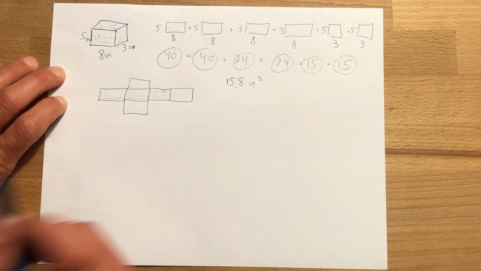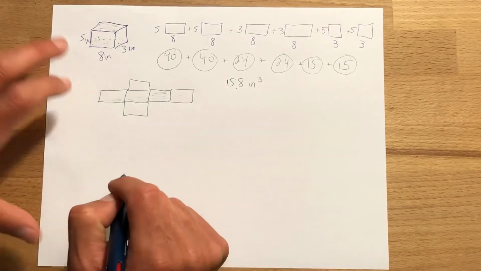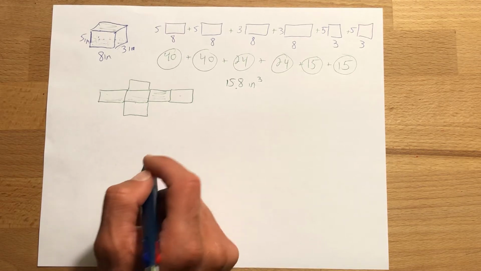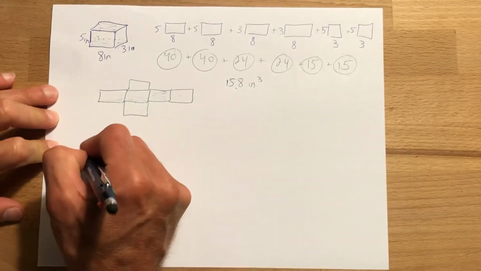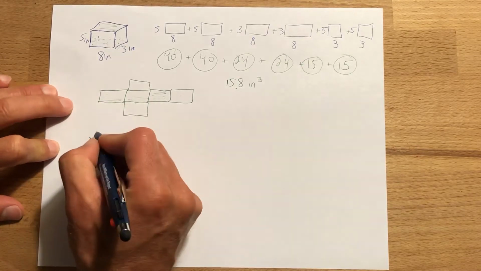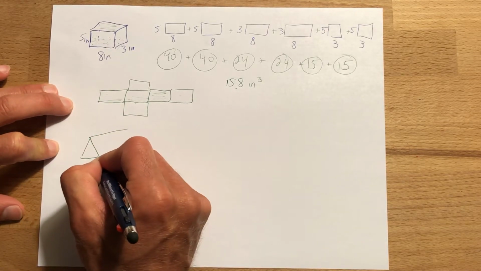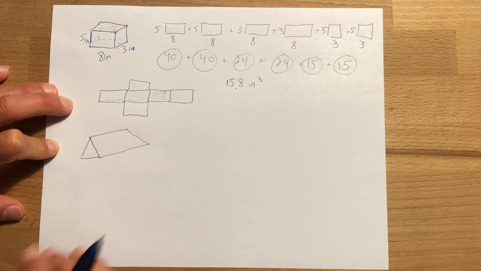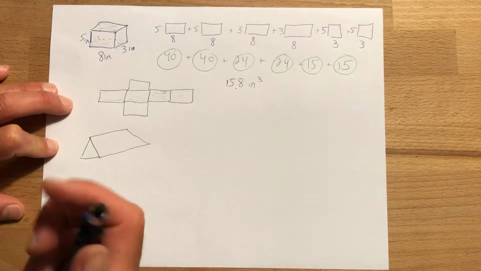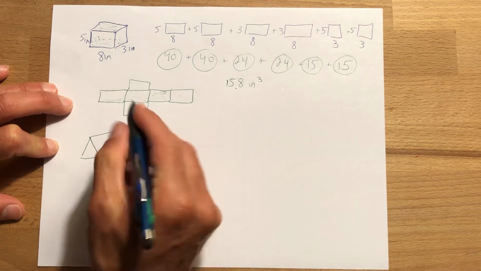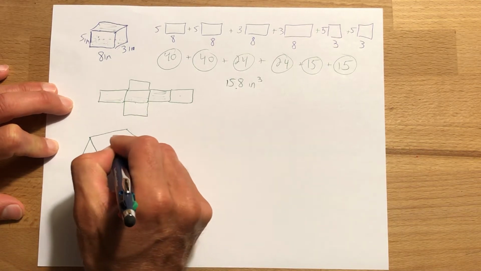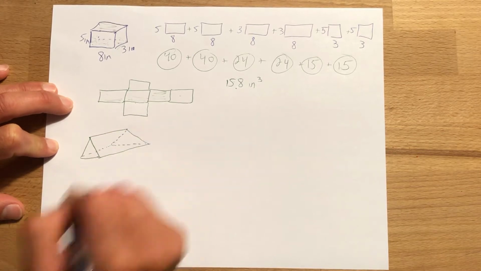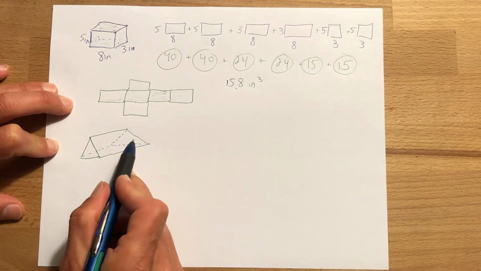Now what I do is I give you another shape, and I talk about finding the surface area of this. So let's take that prism that I drew out for you. Here's what it looks like if you're just looking at it from the top. What you don't see is that this is actually a rectangle back here.